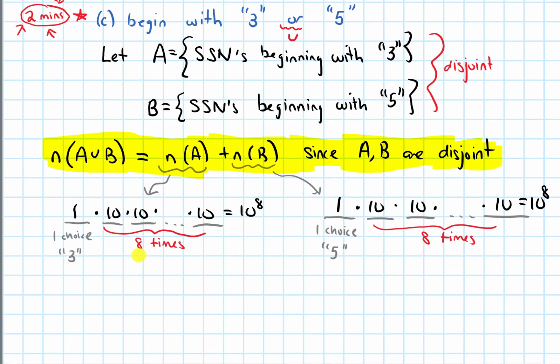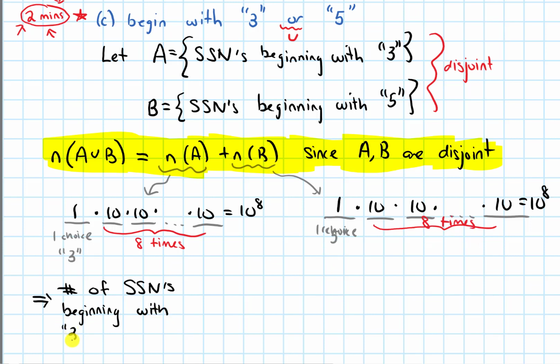Okay, so we are ready to write down our answer. So I'll put an implication arrow. The number of Social Security numbers beginning with a 3 or a 5 is just this first 10 to the 8 we got added to this other 10 to the 8 we got.